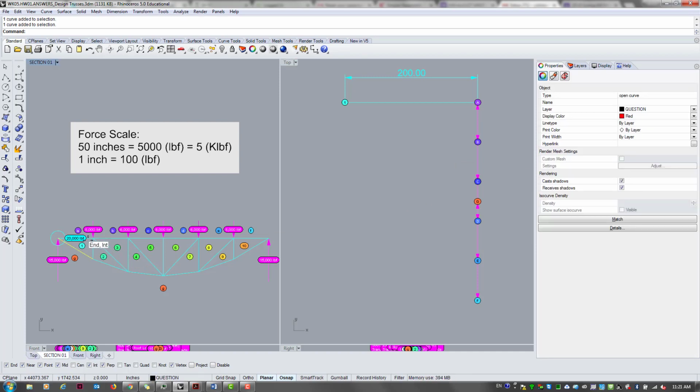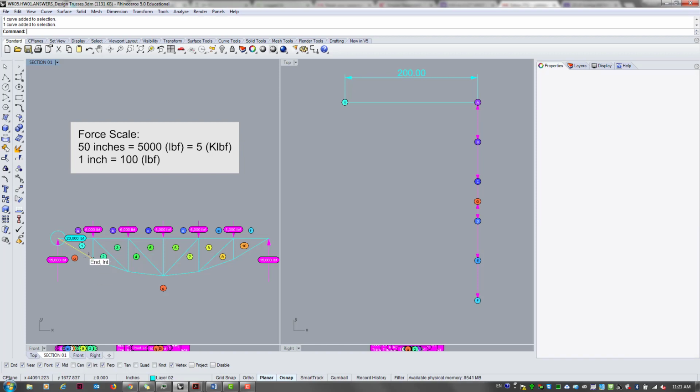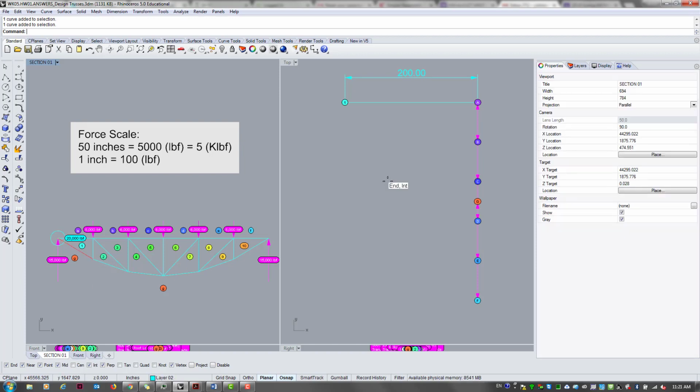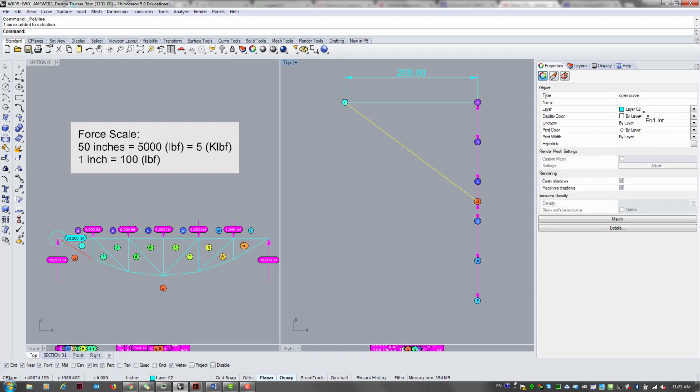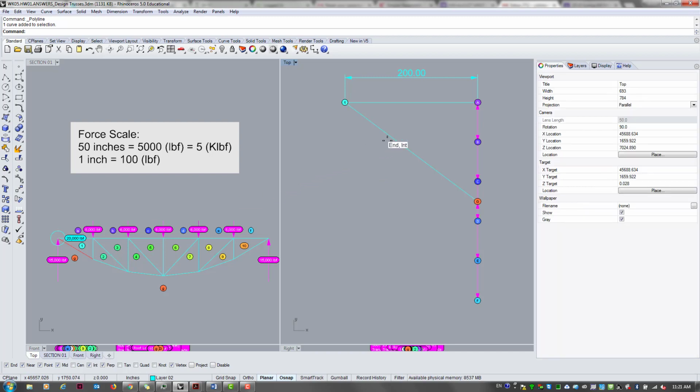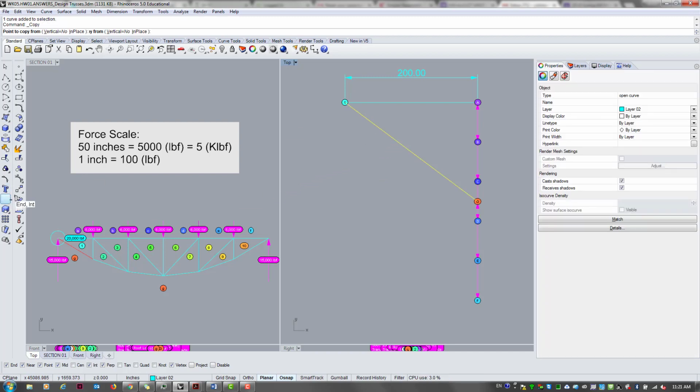This red guy between 1 and G, that angle we didn't know, but now we should know, because we can connect point 1 and point G on the force diagram, and that should absolutely correspond to the geometry of the truss.